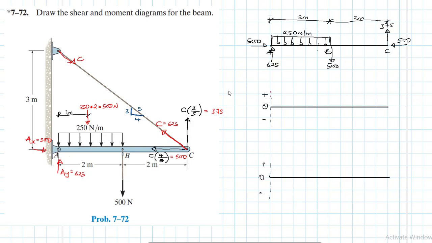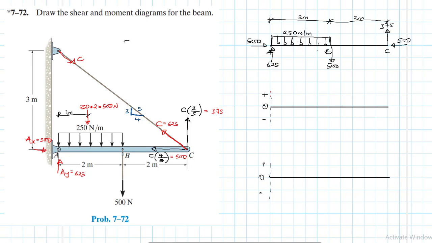Great. We have found all the support reactions and all the forces in the beam. So what we are now going to do is draw the shear and the moment diagrams. But we are not going to do the sectioning, like we've been doing in the previous videos, which we can still do. We're going to draw them directly using these relations.